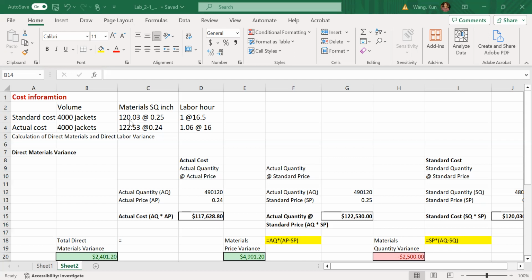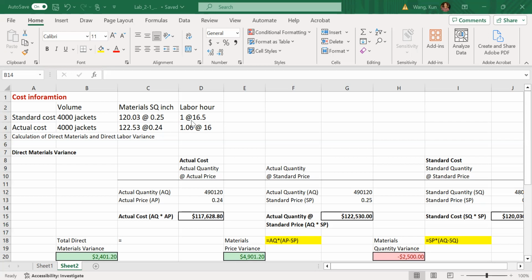So it requires 120.3 square inch of the material like fabric, and for each inch the unit cost is 25 cents. And then for the labor hours, for each jacket we need 1 hour of direct labor input, and the hourly rate is 16.5.